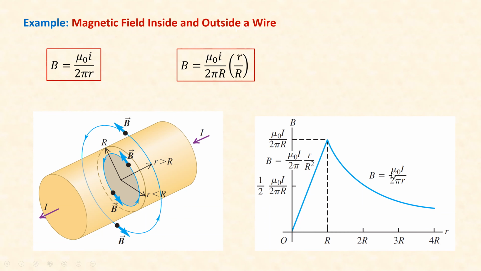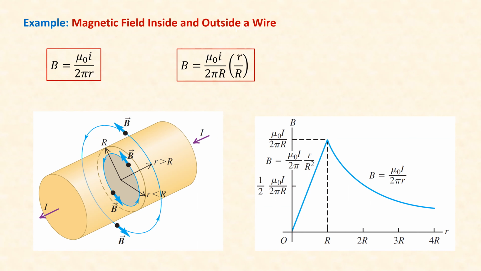Outside is mu naught I over 2 pi r, which means that it drops by 1 over the distance. And so it changes like this. So it has a maximum value at the surface. If you go farther away, it falls down. If you go in, it falls down. All right, so it's similar to the solid sphere of charge we had, if you remember.